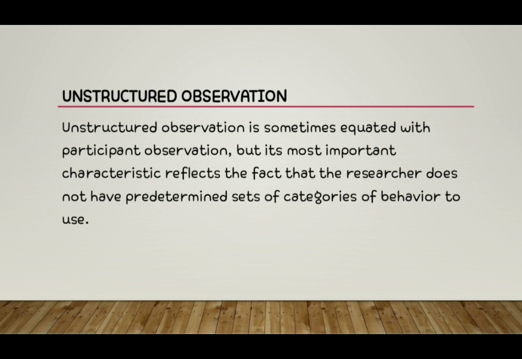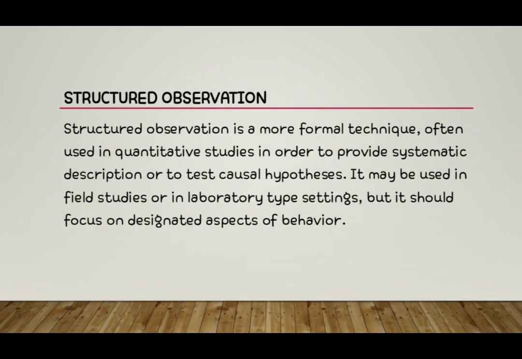Unstructured observation. Unstructured observation is sometimes equated with participant observation, but its most important characteristic is that the researcher does not have predetermined sets of categories of behavior to use. Structured observation.